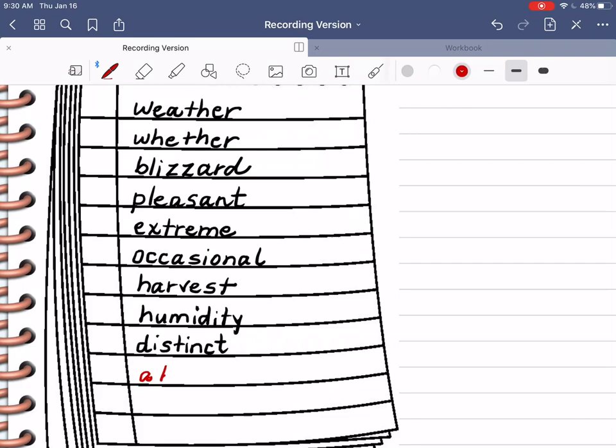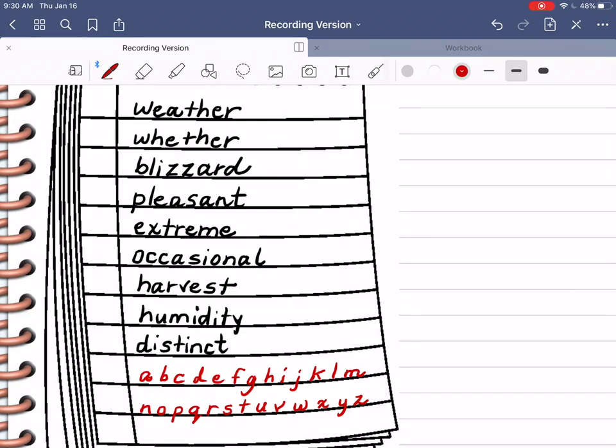A, B, C, D, E, F, G, H, I, J, K, L, M, N, O, P, Q, R, S, T, U, V, W, X, Y, and Z. There are 26 letters in our alphabet.